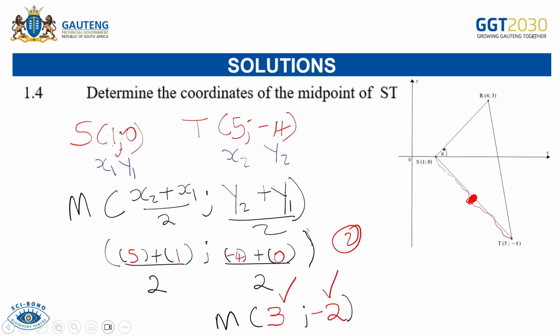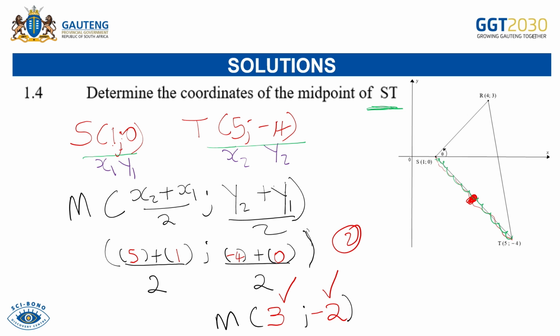Midpoint, there we go. Okay, with midpoint, remember, the question says we must determine the coordinates of the midpoint of ST. ST is this line there, correct? What we need to do now is to indicate the point of S and the point of T. You can agree with me that the point S is (1; 0), and the point T is (5; -4).